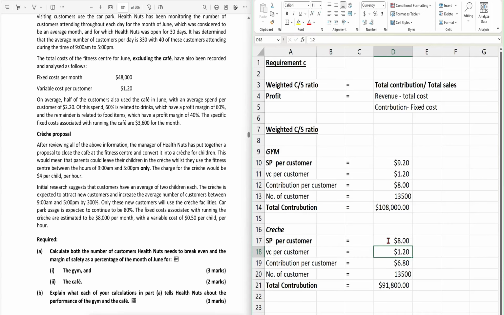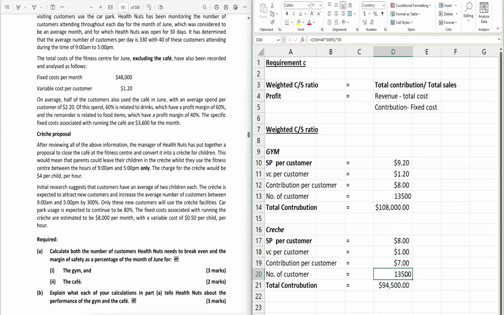Yes. Okay. And the variable cost for the crèche will be 0.5. Again this is per child, so we need to multiply it by 2 for the 2 children. Okay, now the contribution will be, just a second, yeah, the contribution will be 7.